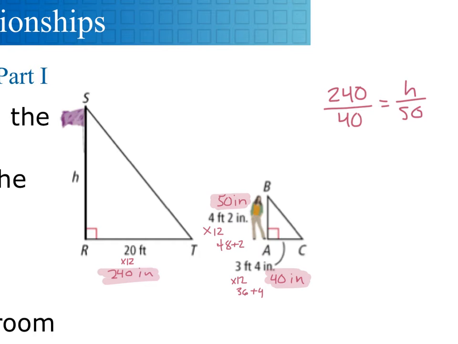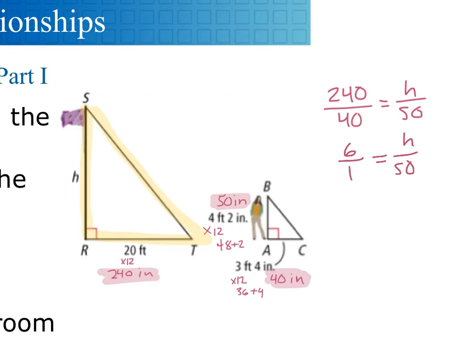Since h came from the big triangle and it's on top, 240 has to be on top also. And it can be simplified. We simplified 240 over 40 to 6 over 1, and that's going to be equal to h over 50.